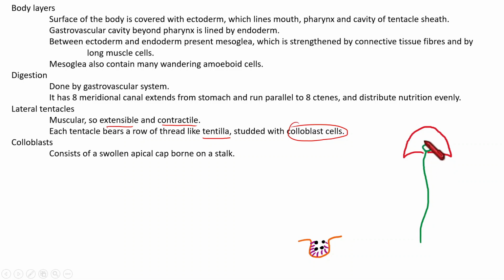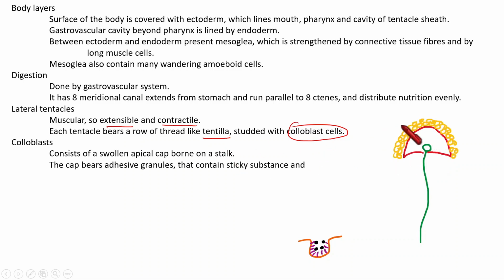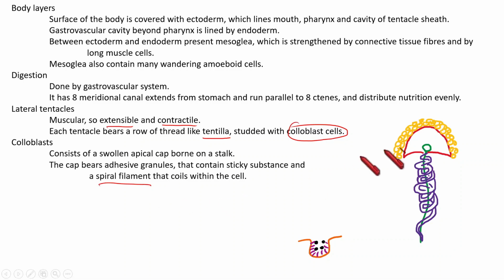This cap bears so many adhesive granules. They contain a sticky substance, and along with that it possesses a spiral filament that coils within the cell. So this is the structure of the colloblast cells.